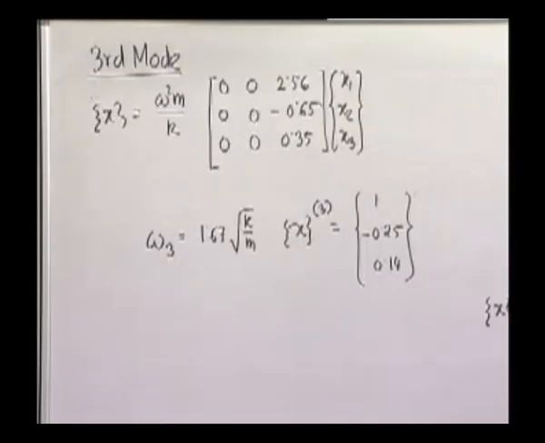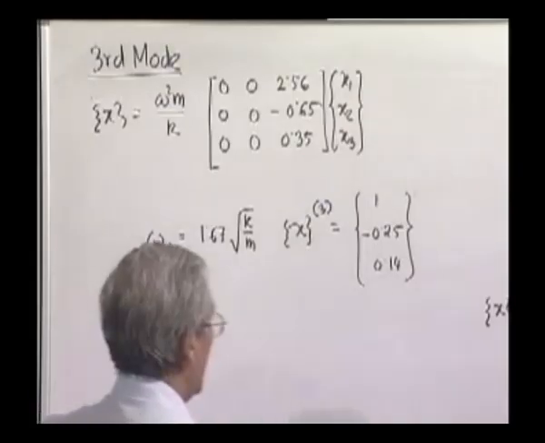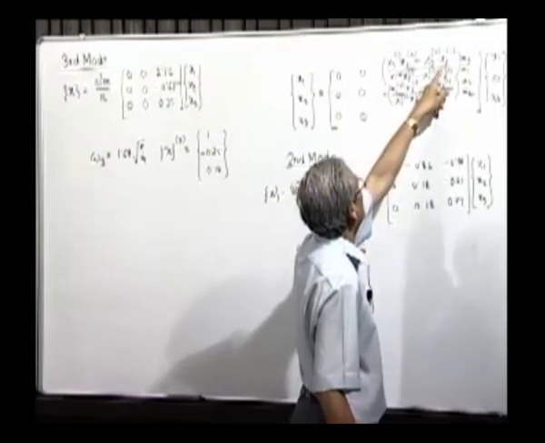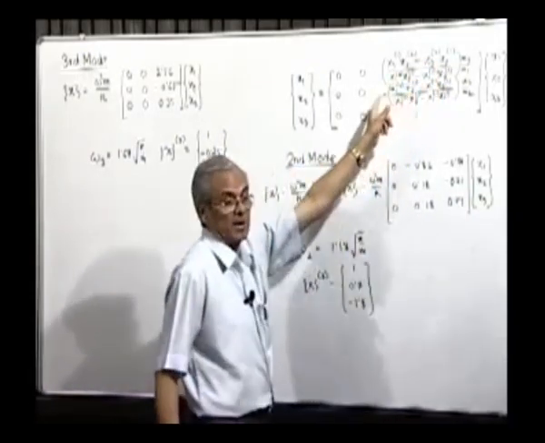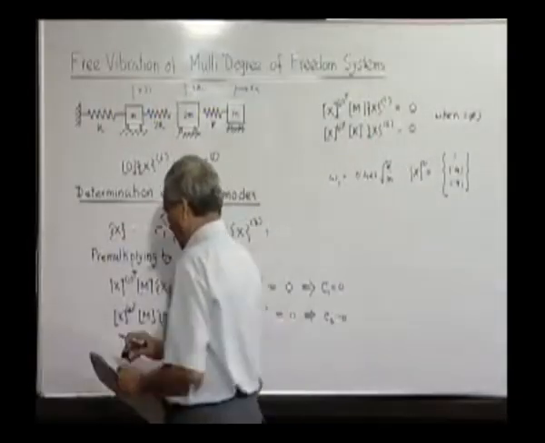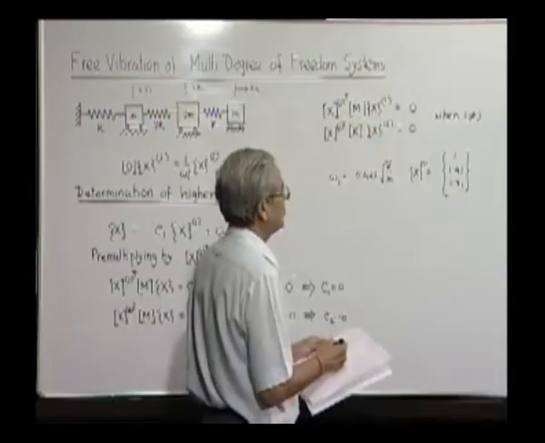Now we have to remember that we have solved the first and second modes. That's why we are able to calculate all these terms, because here we need both the first mode terms and the second mode terms. Thus we get all the higher modes by using this sweeping matrix technique.